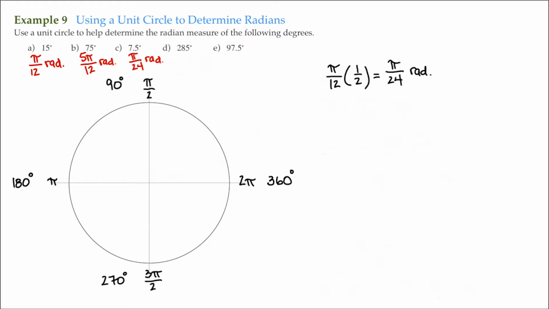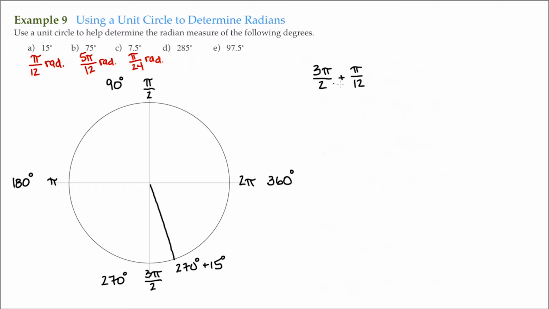Let's try D. 285 degrees. 285 degrees is 15 degrees more than 270 degrees. 270 degrees in radian measure is 3 pi over 2. And 15 degrees in radian measure we know is pi over 12. So we're just going to add the two together.